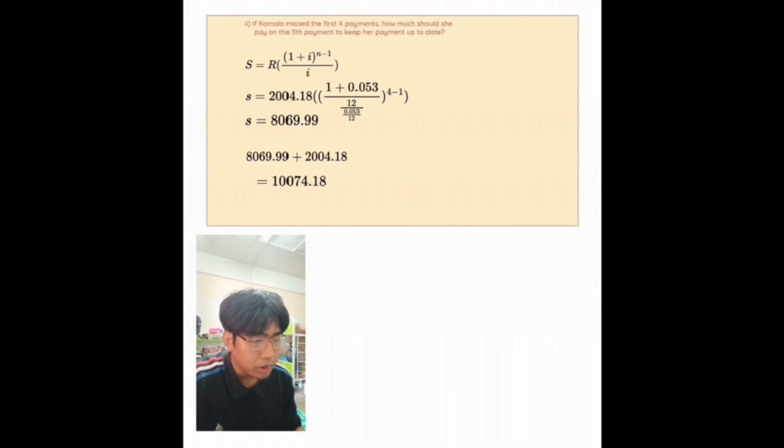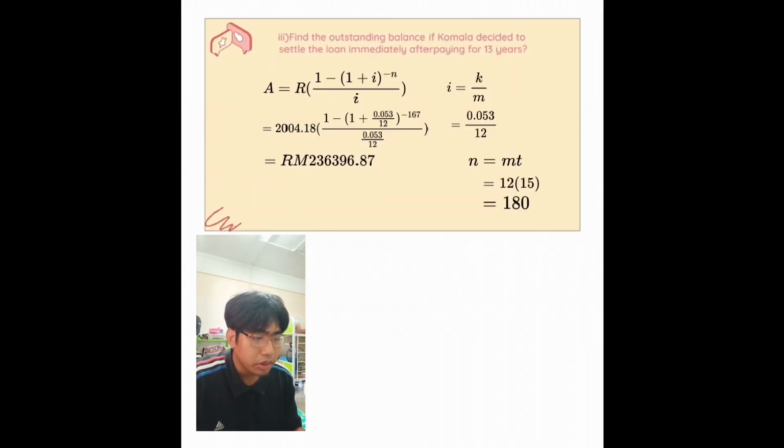Then divide that by 0.053 divided by 12 and multiply the result by 2,004 ringgit and 80 cents. This gives 8,069 ringgit and 99 cents. After that, add 2,004 ringgit and 80 cents to it. So the total amount to be paid is 10,074 ringgit and 80 cents.